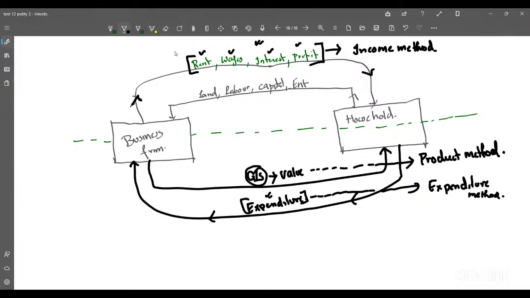Ideally, if you calculate, which is not possible but still I'm saying, the exact numbers under the income method, product method, and expenditure method, all three numbers have to be the same, which is not feasible in real time, because the income would be spent one way or another. So this has to be equal to the expenditure.